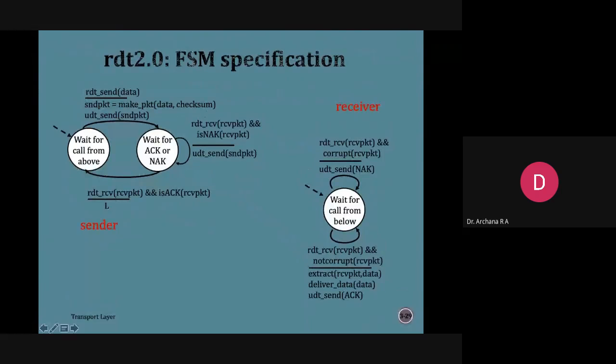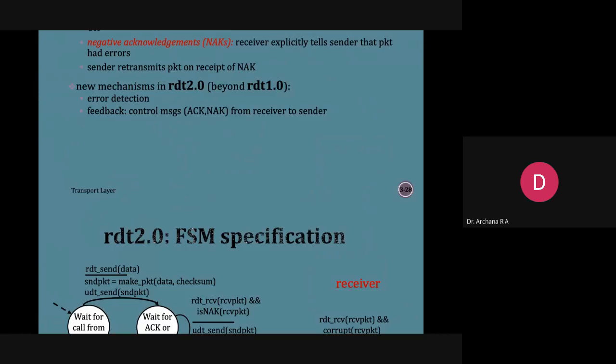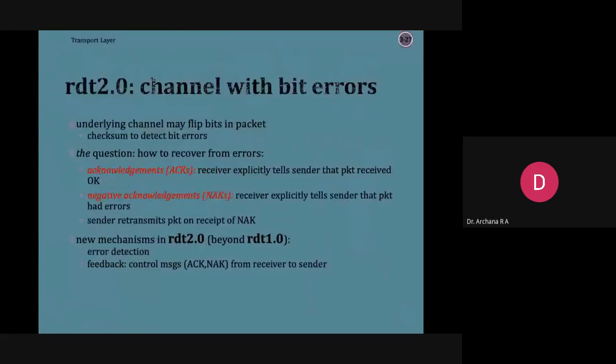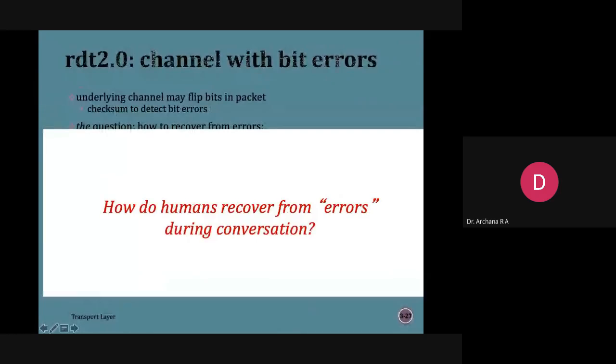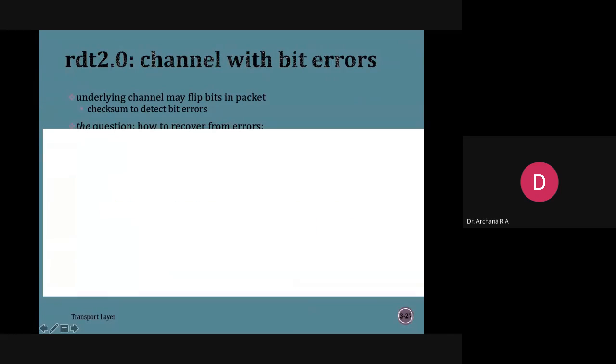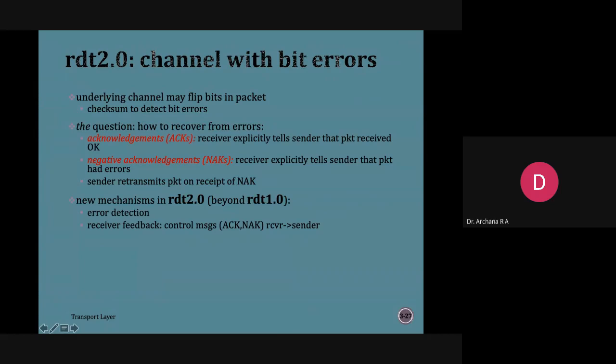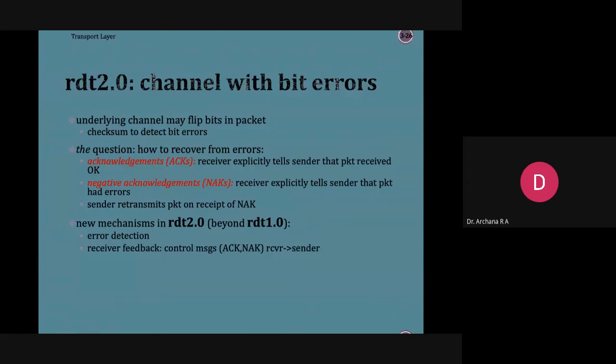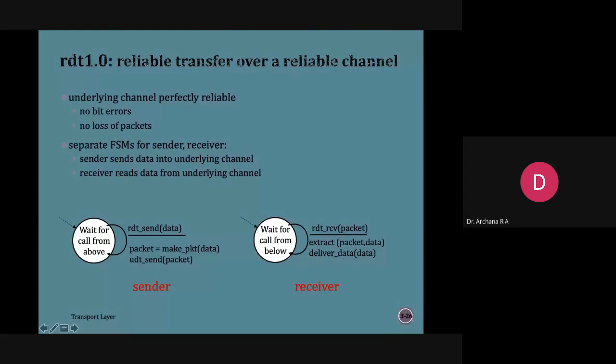And this is just the general description of RDT 2.0 with the FSM specification and positive and negative acknowledgement. How human errors during a conversation can be overcome with the help of positive and negative acknowledgement.